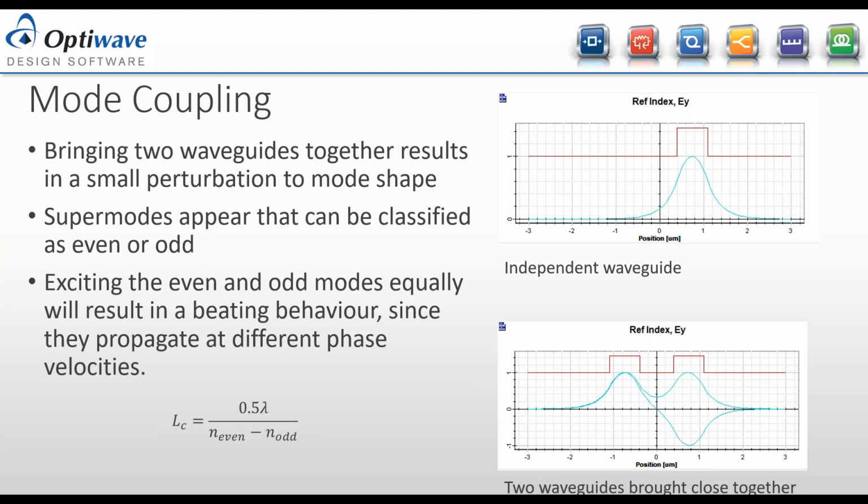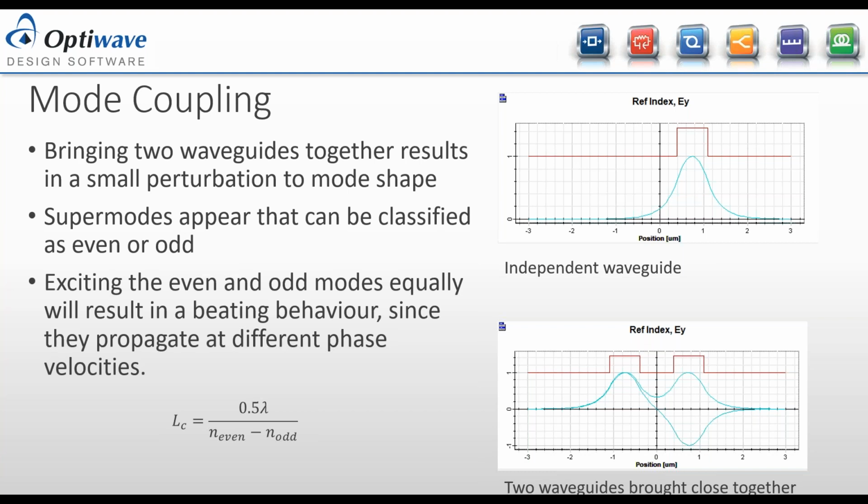One is, if you have one undisturbed waveguide, like on the top of the figure that I've labeled independent waveguide. This is a 2D waveguide, and I'll show you in FDTD how I made it up.